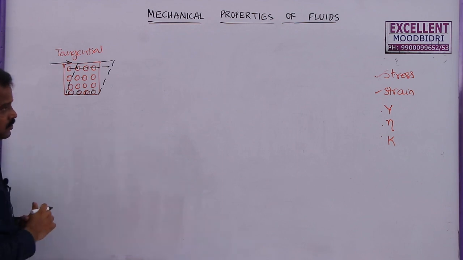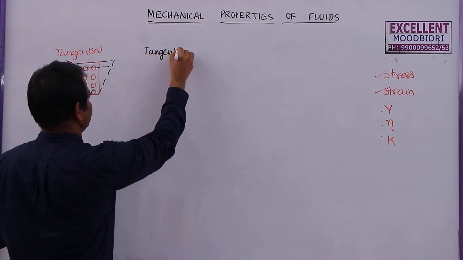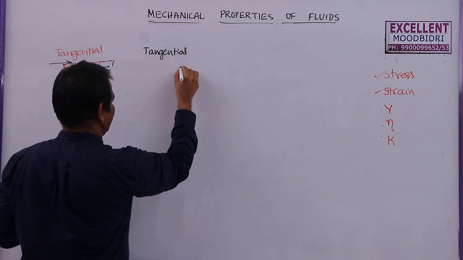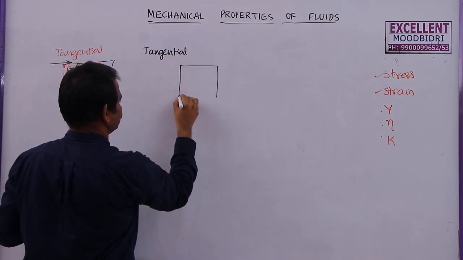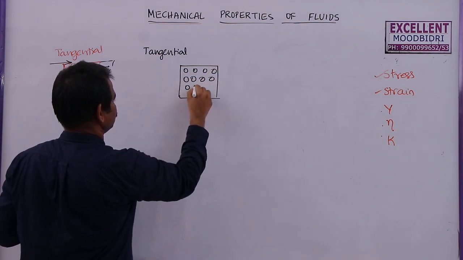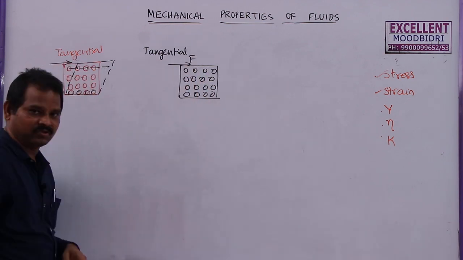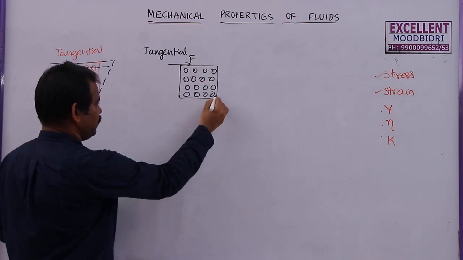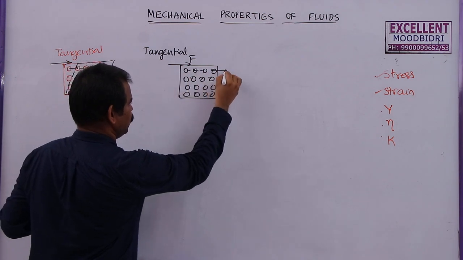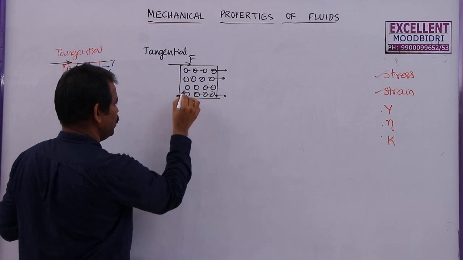But if you apply that same tangential force on a liquid, these molecules will move here, these molecules will move, and almost these molecules also will move in different directions.